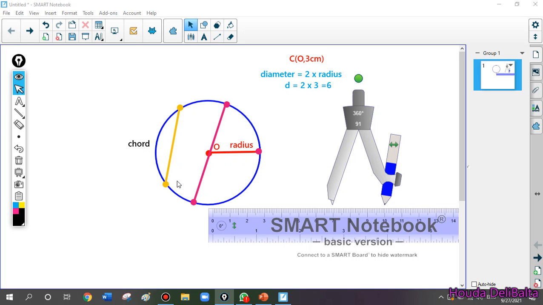It's a segment that joins 2 points on the circumference of the circle without passing through the center, while the diameter is a segment that also joins 2 points on the circumference of the circle, but what identifies it is that it passes through the center, and this center is its midpoint as well. The radius is that tiny segment that joins the center to the circumference.